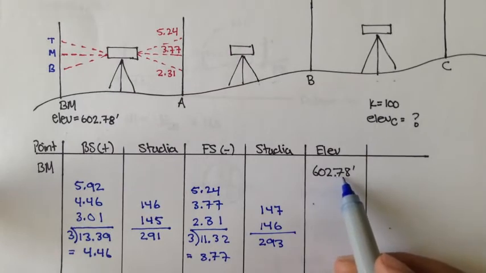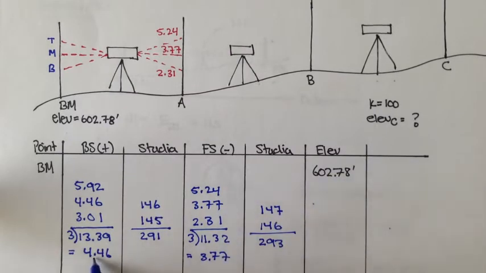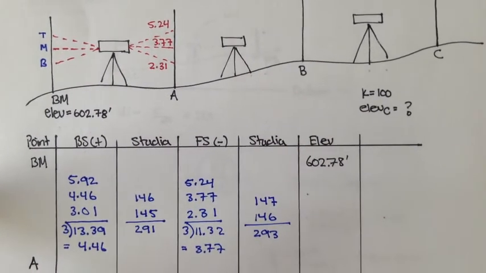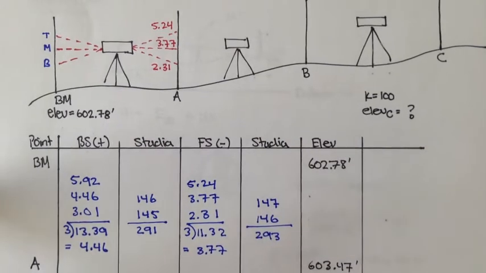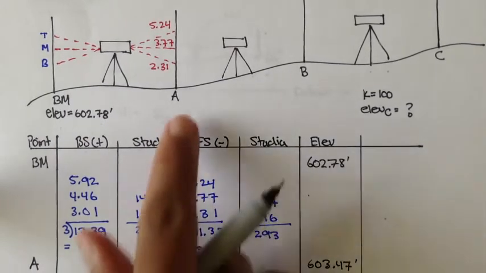So 602.78 plus 4.46 minus 3.77 gives us the elevation of point A. When you add 4.46 minus 3.77 to the 602.78, you get 603.47. Okay? That's the elevation of point A.